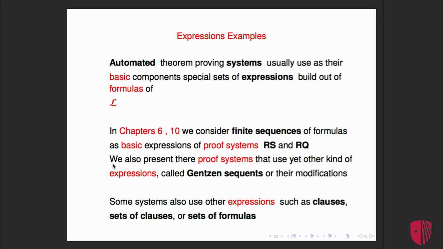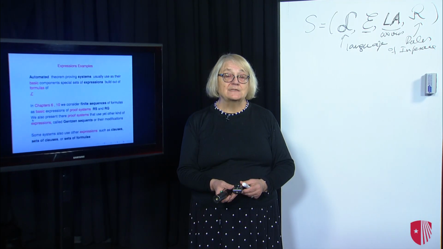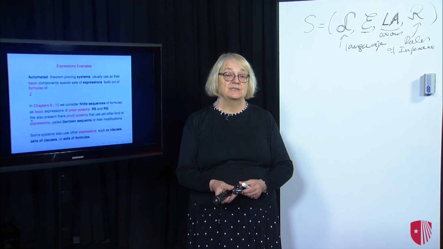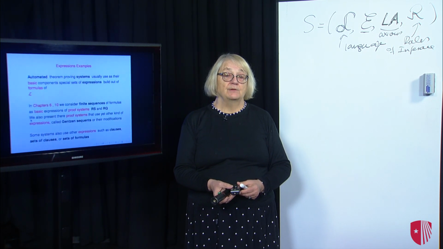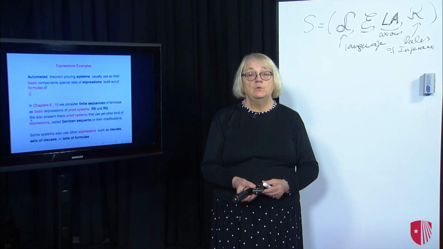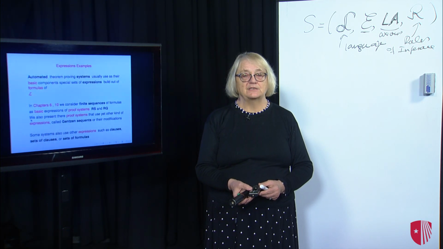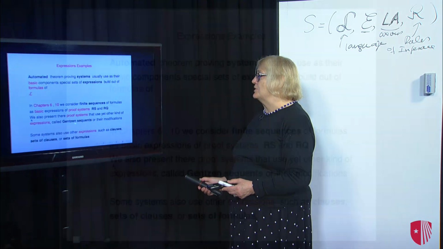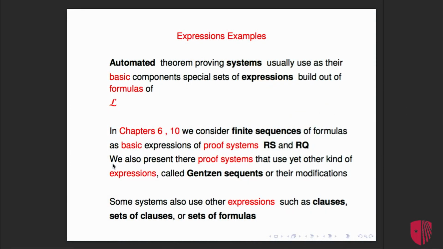In chapters 6 and 10, we consider finite sequences of formulas as the basic expressions. We also present a proof system using another kind of expressions, called Gentzen sequents, which have additional symbols. And some other systems use other expressions like clauses, sets of clauses, or sets of formulas.